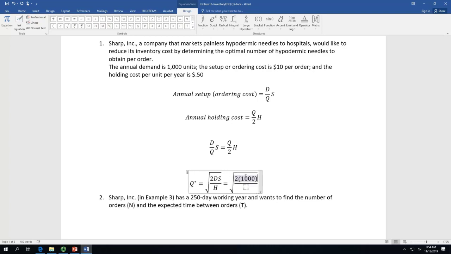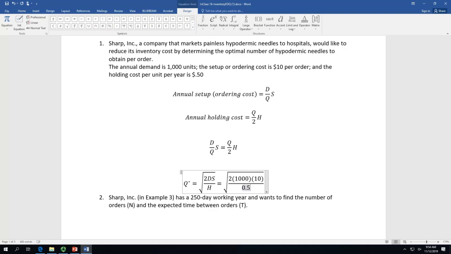And S is the setup cost or ordering cost, which equals 10. So times 10, and divided by H. H is the holding cost, 0.5 per unit per year.